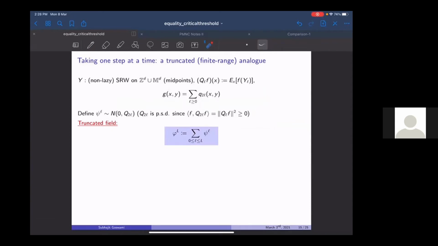So let's go back to some history in that regard. What I call here taking one step at a time. Why do I call that? The basic paradigm is something like the following.